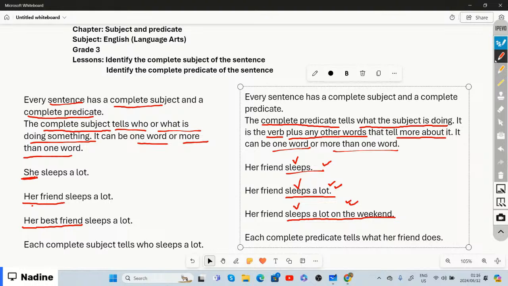And then we also have a complete predicate within a sentence. And the complete predicate within a sentence tells us what the subject is doing. It's the action that the subject is doing, the action that the person or thing is doing.